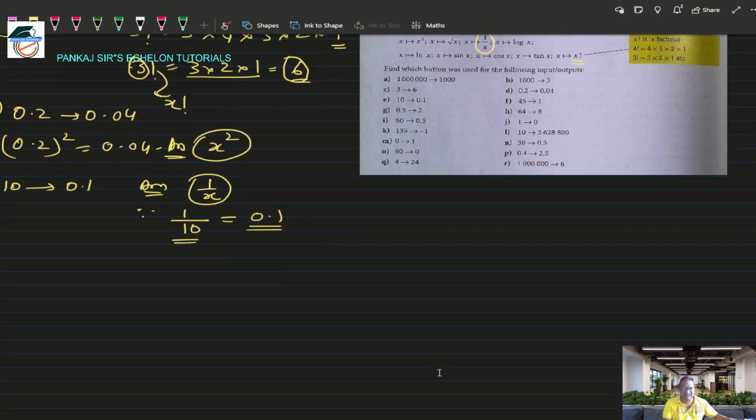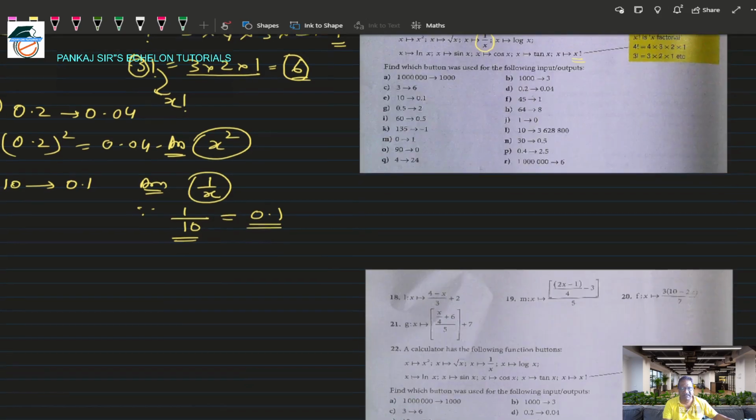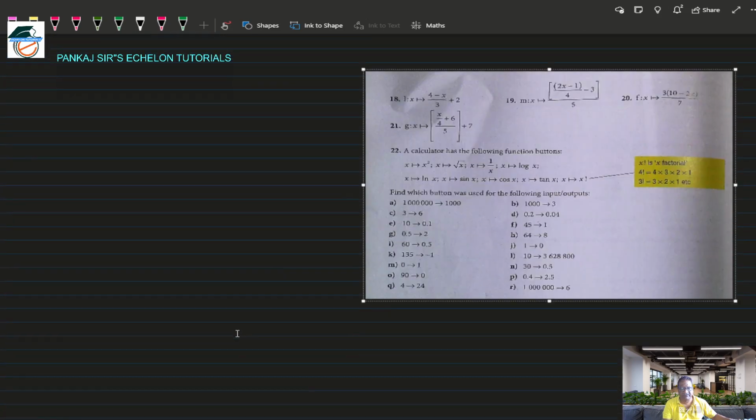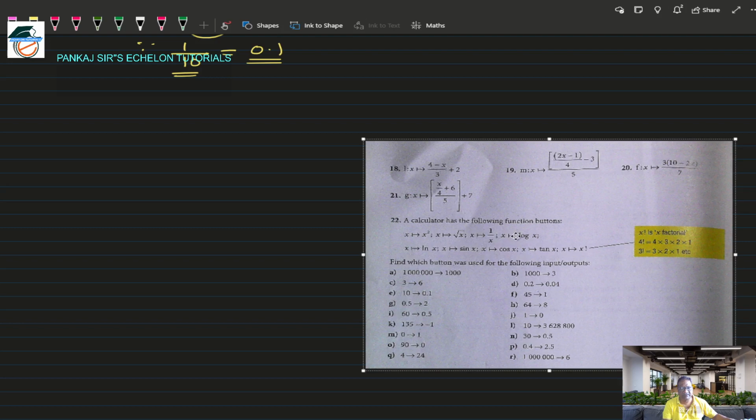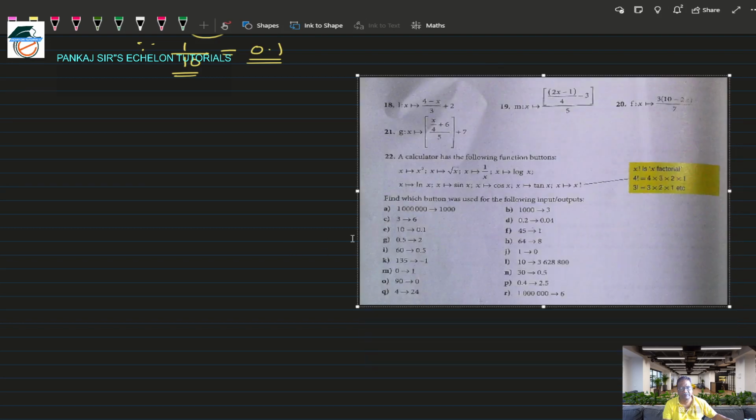Next is f. Coming to sub question f, f is 45 to 1.